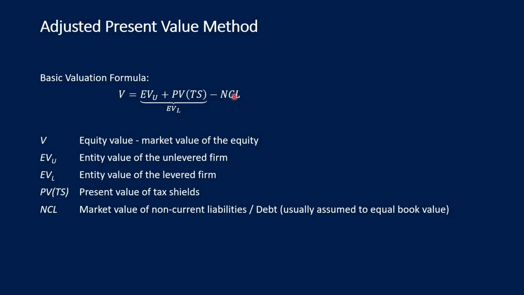Usually the debt is assumed to equal book value debt, so we don't need to perform any calculations. Here we just take book value debt. Nevertheless, we see that we have the entity value of the unlevered firm and the present value of the tax shields, so the advantage coming from the leverage. Accordingly, both together would give the entity value of the levered firm.